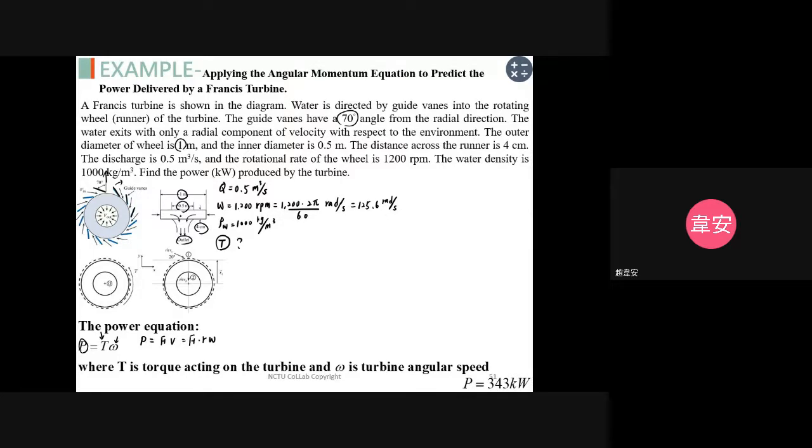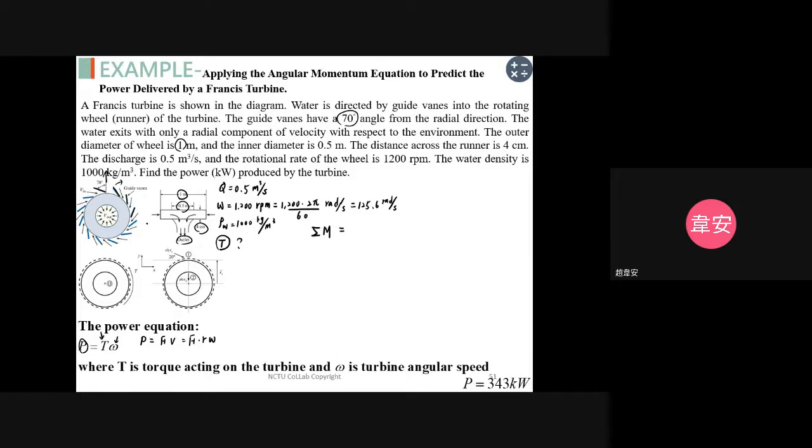So we need to write down the governing equation for angular momentum. The sum of the moments is equal to the angular momentum in the control volume changing with time. But for this problem, we assume this is a steady flow problem, so we don't have the angular momentum change in the control volume with time. So we only have the balance for the inflow and the outflow for the angular momentum.